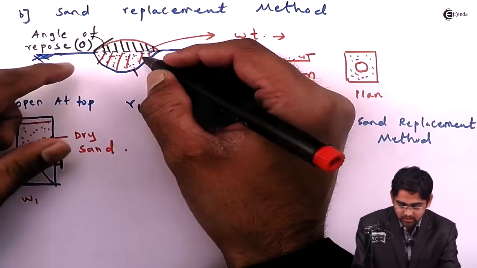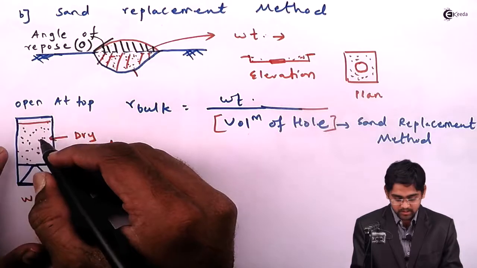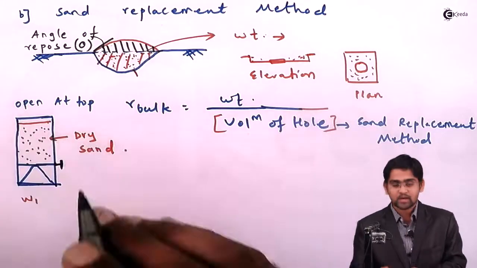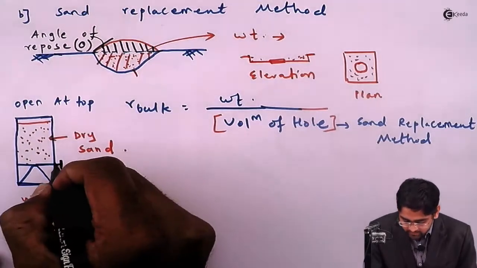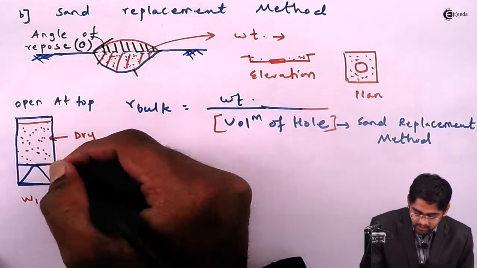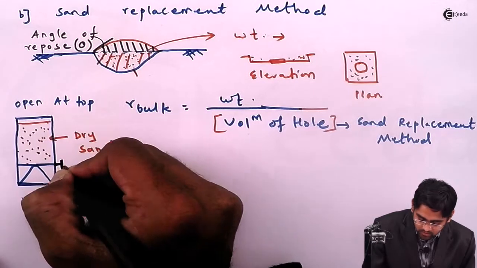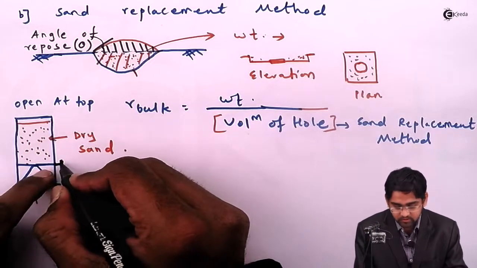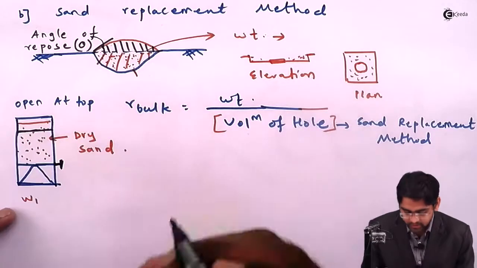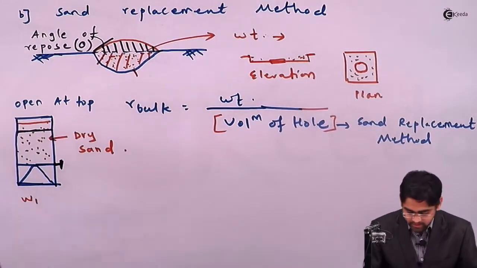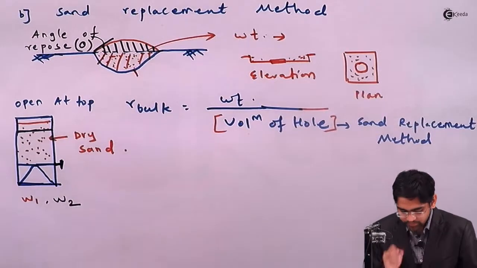After the sand has gone into the hole, a stage will come at which the sand movement will stop. So you have to plug this, that means you have to close this wall, and probably the level has reduced to this one, and again you need to take a reading W2.